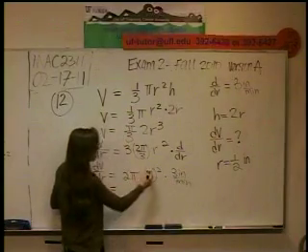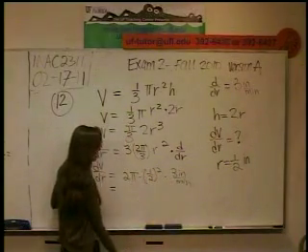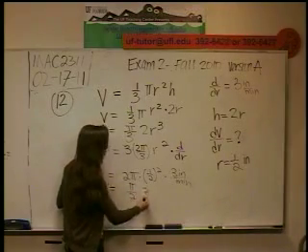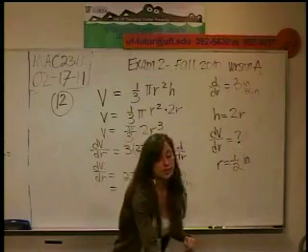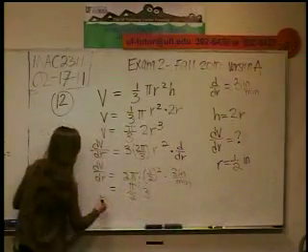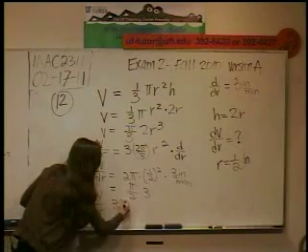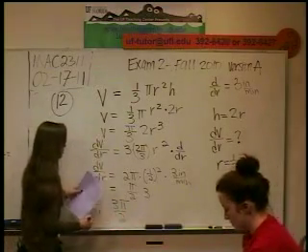And so that becomes 1/2 squared is 1/4, so I'm going to get pi halves times 3. That's going to give me, for dV/dt, 3 pi halves inches cubed per minute.